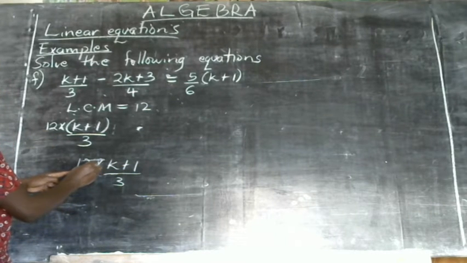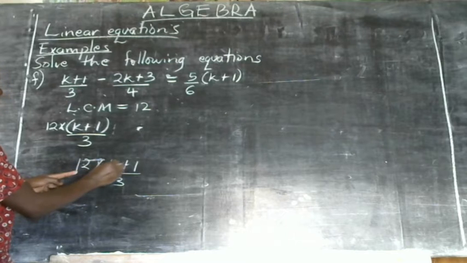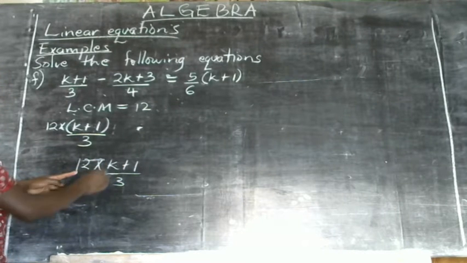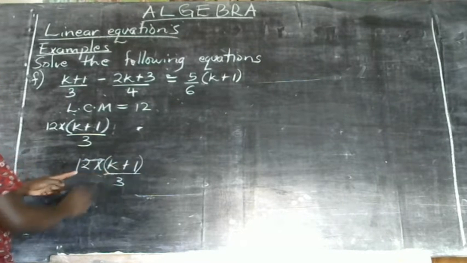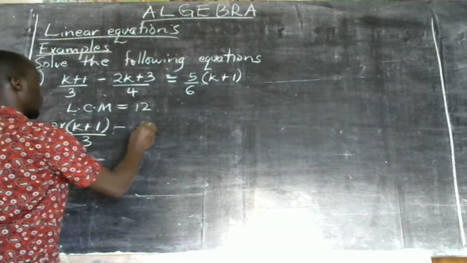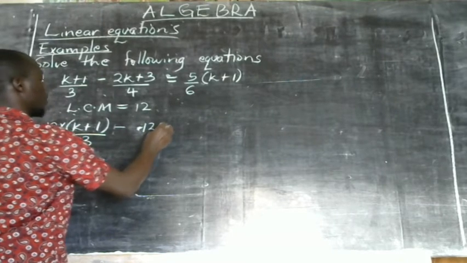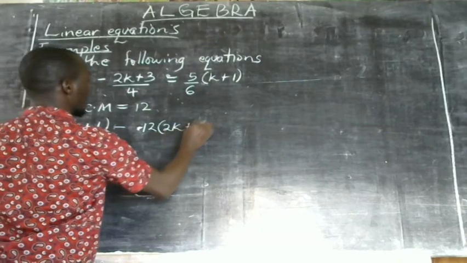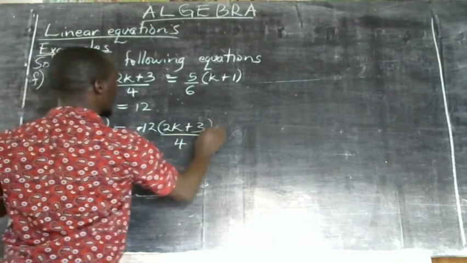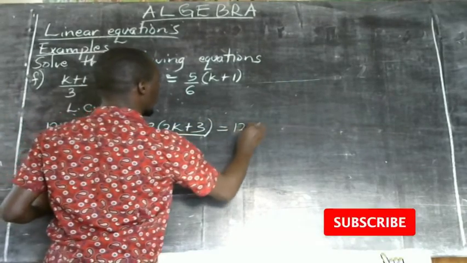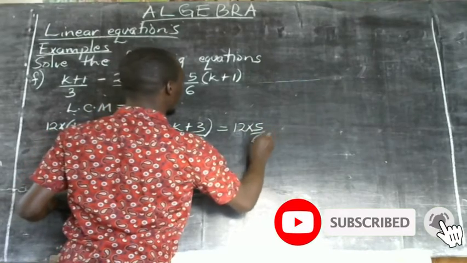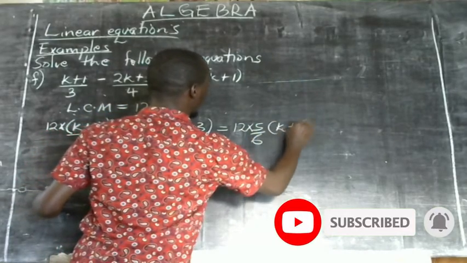Someone is going to end up multiplying 12 by the k only, yet this 12 multiplies the whole of that. Minus 12 into 2k plus 3 all over 4 is equal to 12 times 5 all over 6 into k plus 1.